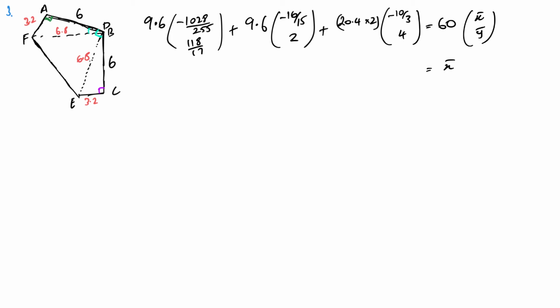Now with this one, I will just save a little bit of time and jump straight in with the multiplied out answers, just because it's a bit awkward with all these numbers. So my first value here is minus 262 over 85, which is approximately minus 3.08.